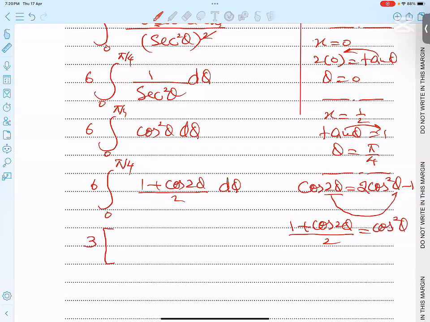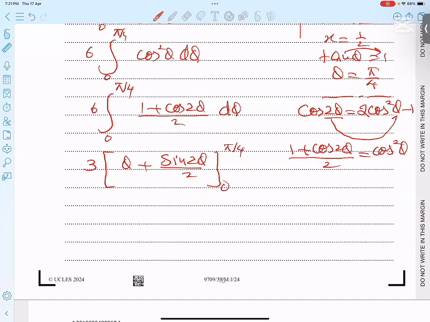And what is the integration of 1? The integration of 1 is theta, and the integration of cos 2 theta is sine 2 theta divided by 2, which comes from the angle's derivative, from 0 to pi by 4. I'm going to plug in the limits. For the upper limit, I plug in pi by 4. When I plug in pi by 4 here, this 2 will cancel 4.